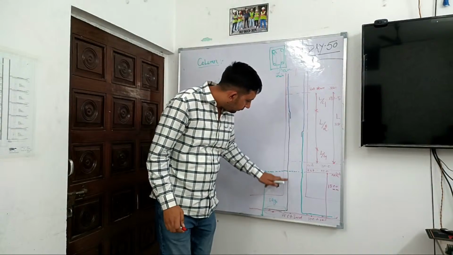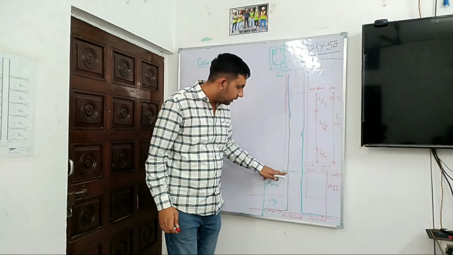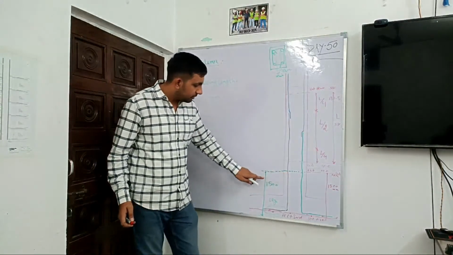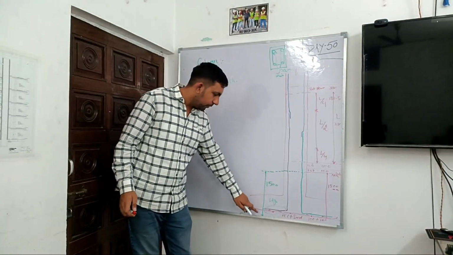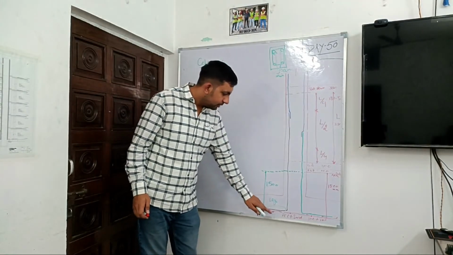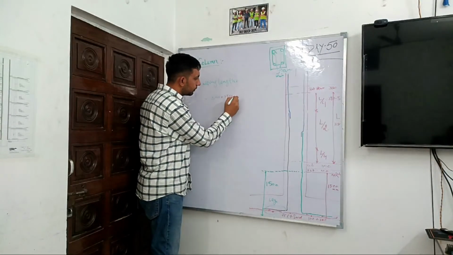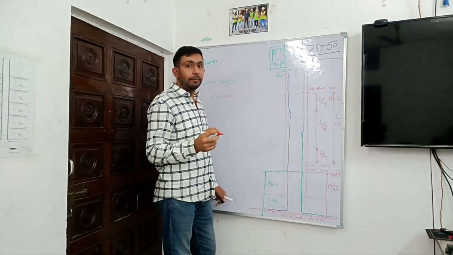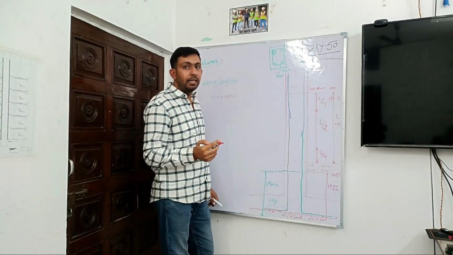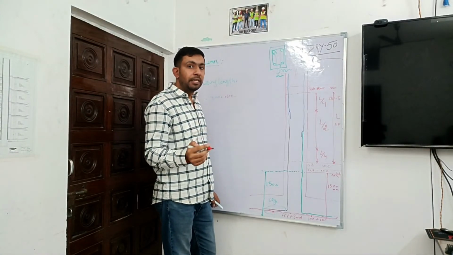From this point we will come to this point. And how will we come to this point? Here we can see that this is 1500 complete depth, so we add 1500. And we have to subtract the depth of PCC, sand, and the dia of mesh rods.